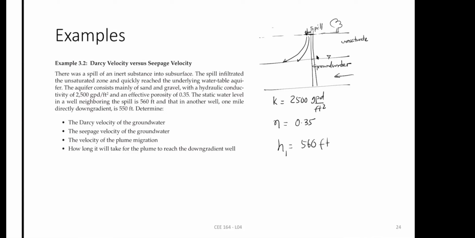And in another well, 1 mile down gradient, meaning in the direction that water moves, the height decreases and H2 becomes 550 feet. The distance is 1 mile.